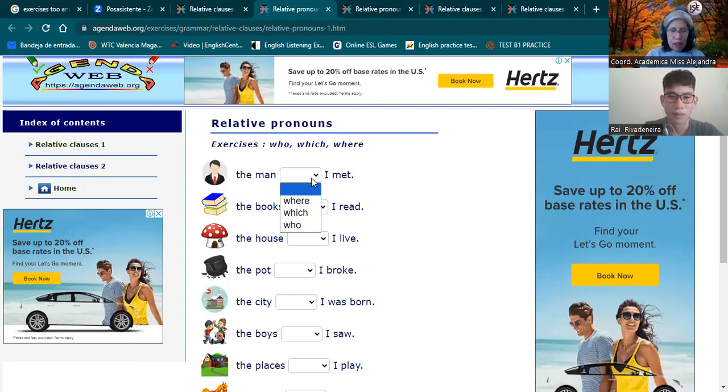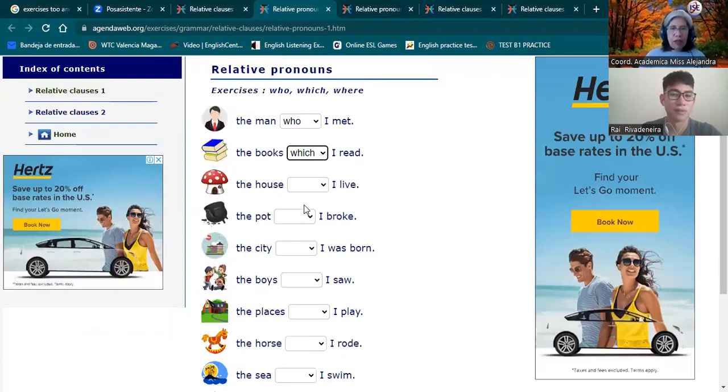The man who I met. The book which I read. The house where I live. The boat which I broke.